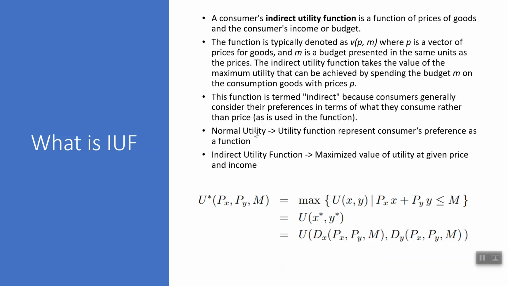Basically, the normal utility function represents your consumer preference, and the indirect utility function is the maximized value of utility at the given price and income. Why do we say the maximized value of utility at the given price and income?